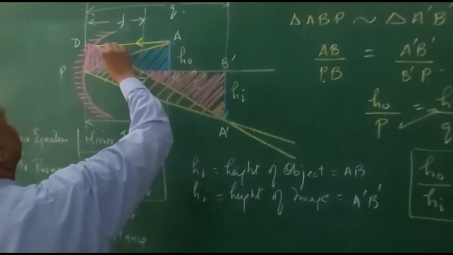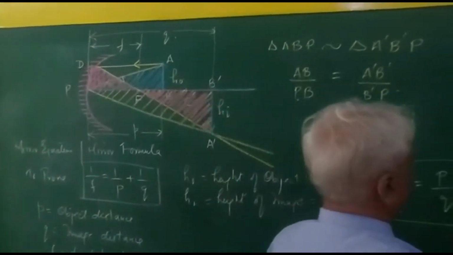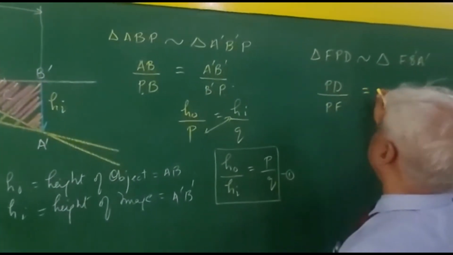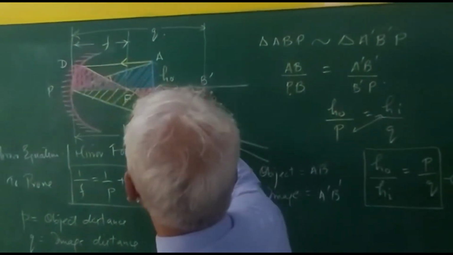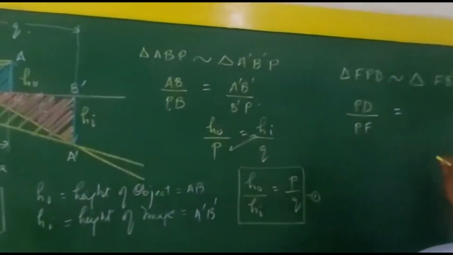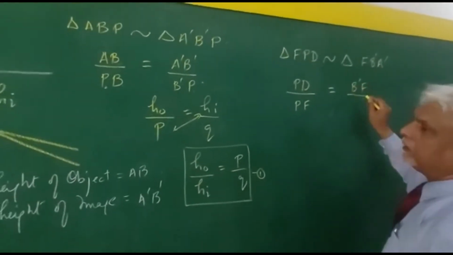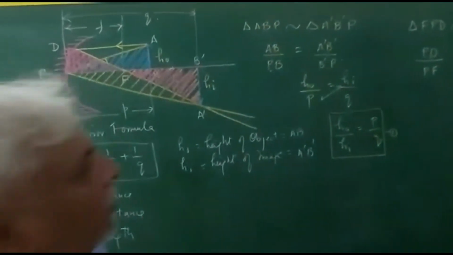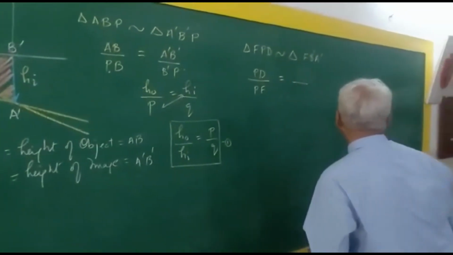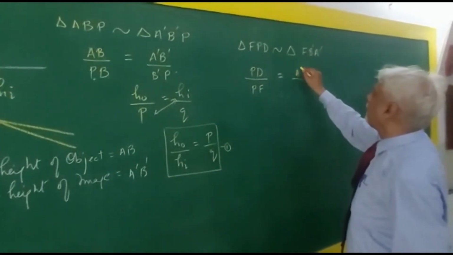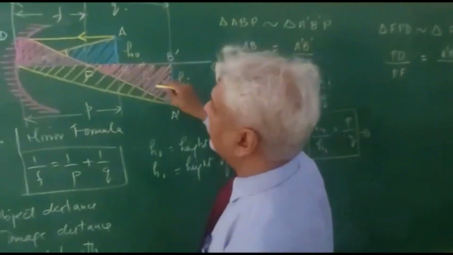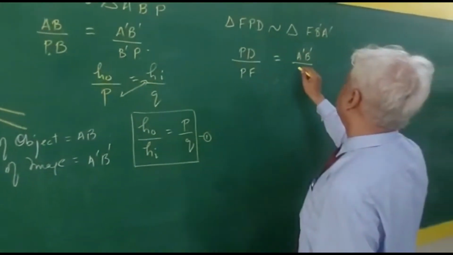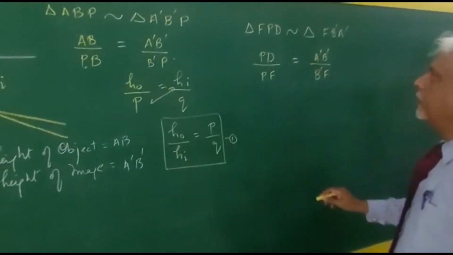Now, according to the similar triangles FPD and FB dash A dash, PD over PF is equal to A dash B dash over B dash F, because we took opposite upon base. Now what is PD?